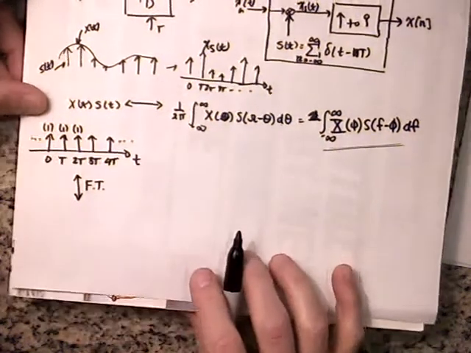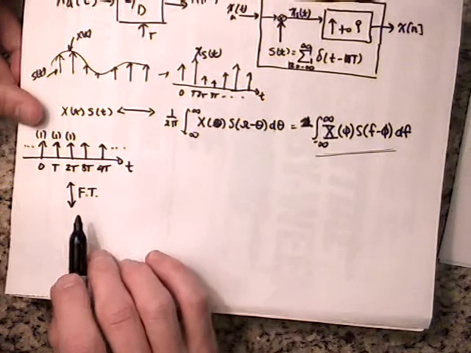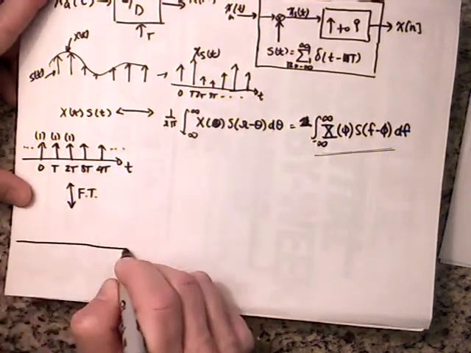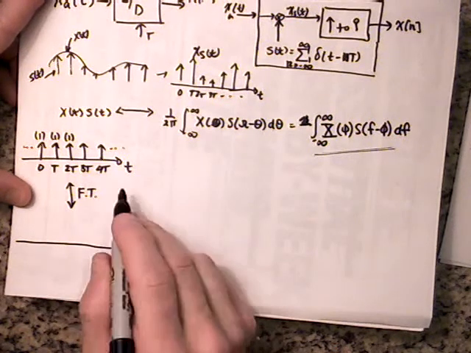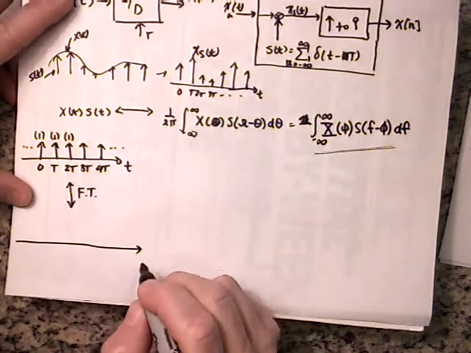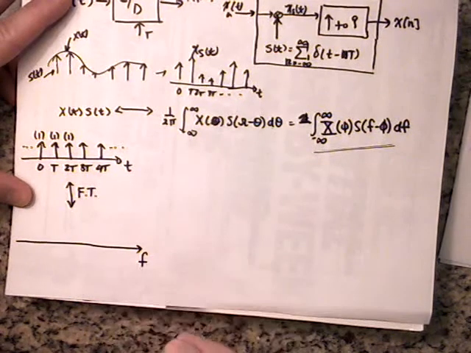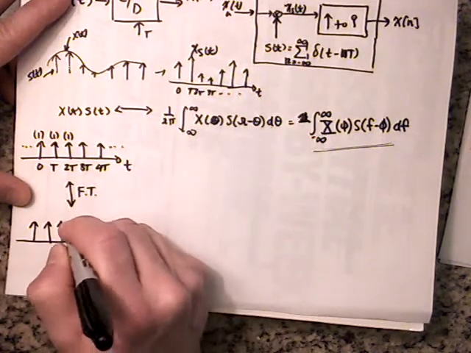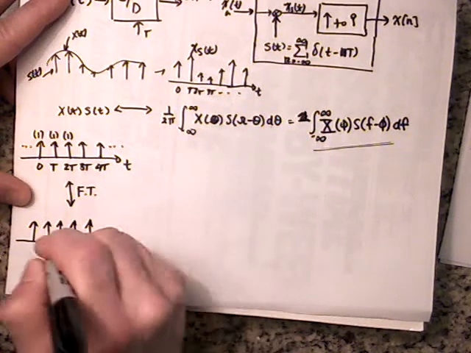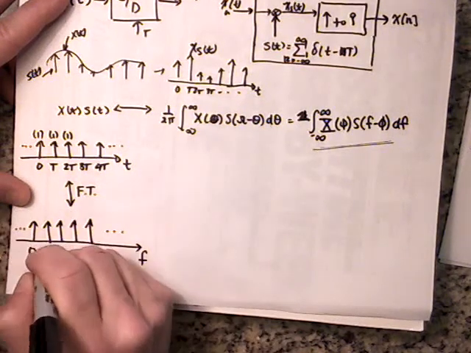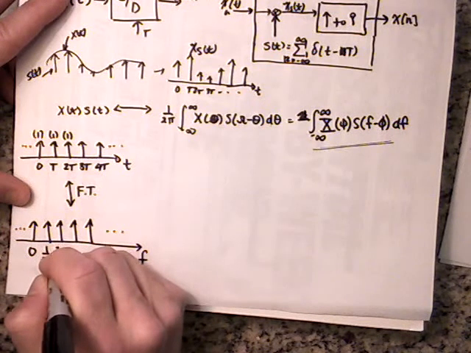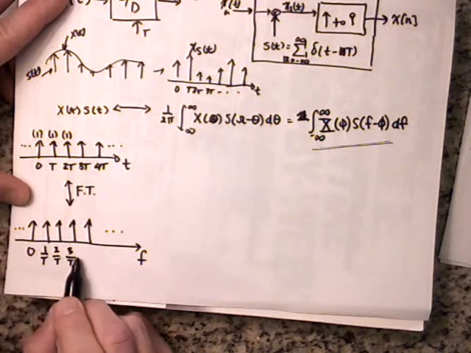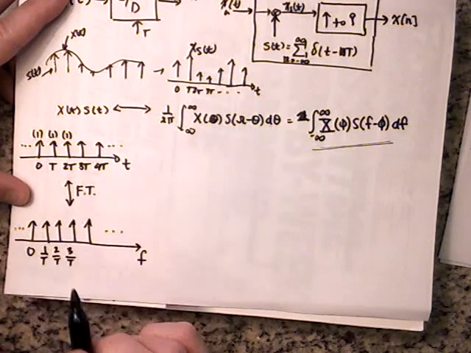It doesn't really have a Fourier transform, but we say that it does in a distributional sense. The Fourier transform for this periodic impulse train in hertz, in f, is also an impulse train at integer multiples of 1 over T.